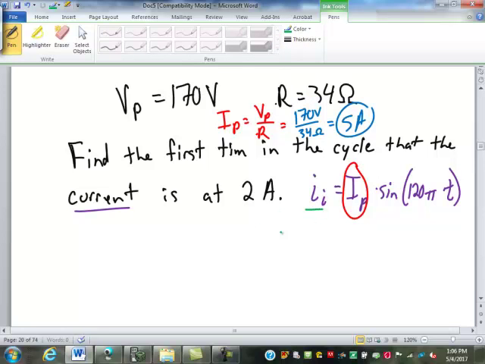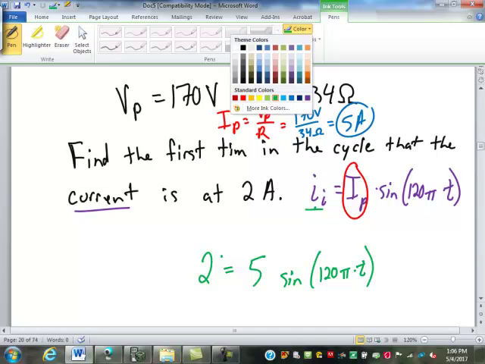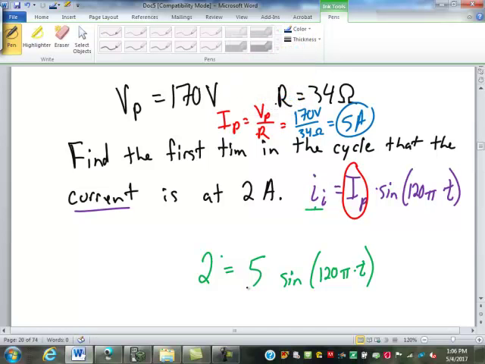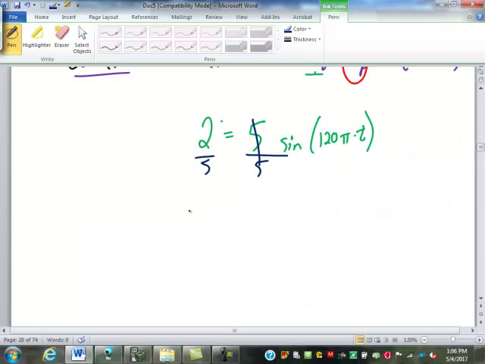So now I'm just going to fill in. I want this to be at 2 amps for my instantaneous. My peak is at 5. Sine of 120 times pi times t. What's my next move going to be? Divide by 5. So 0.4 equals the sine of 120 pi t.